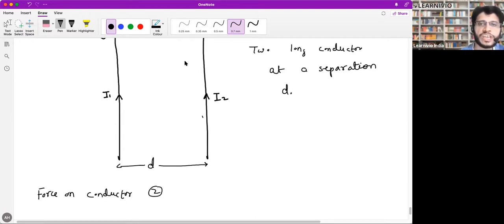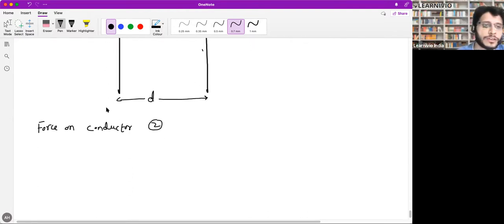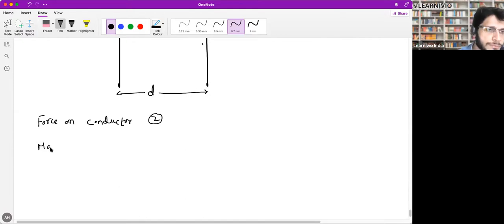Amalia, you can use the chat room. Good. If we're calculating force on conductor 2, then conductor 1 will generate the field. So magnetic field 2 due to 1.